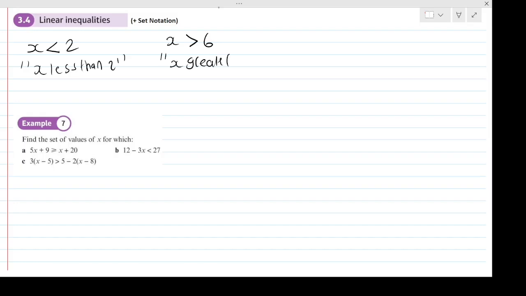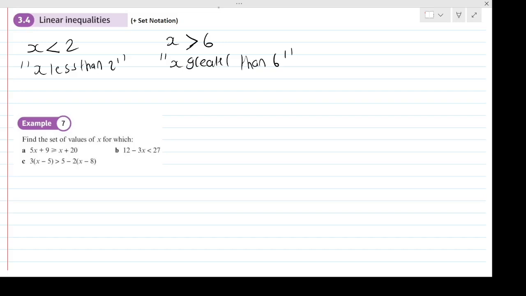So what you need to understand is what these sort of crocodile signs look like, right? So I hear some people talk about it like crocodile clips. So if it's facing left, then it's less than. If it's facing right, then it's greater than, right?